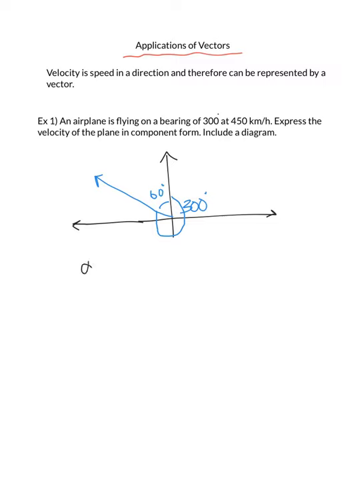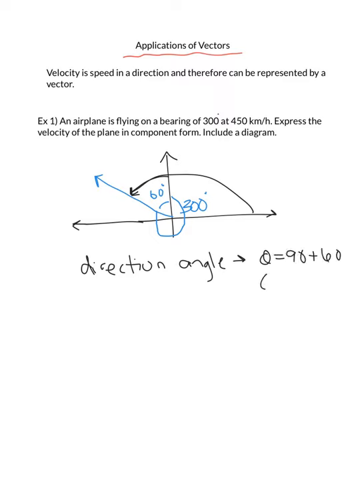Now, if I want to get my direction angle, remember, this is starting at my positive x-axis and going counterclockwise. I have the 90 from quadrant 1 plus the 60 here. So I have 90 plus 60, 150 degrees.